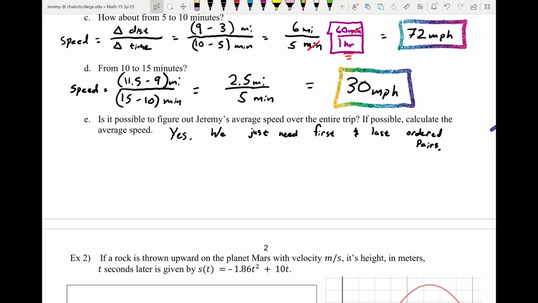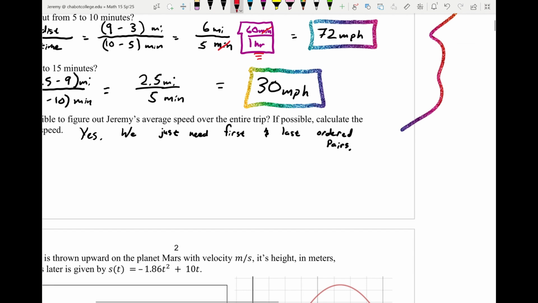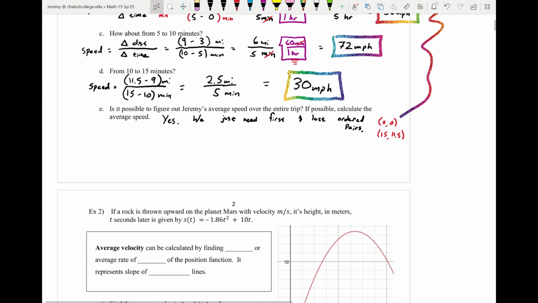By the way, those ordered pairs are 0, 0, that first one, and the last one was 15, 11.5. So we're going to use those 2 points.